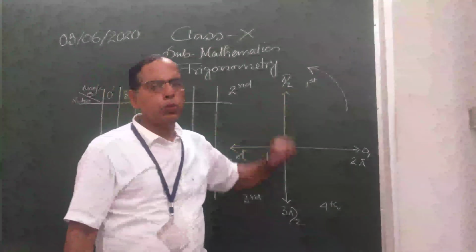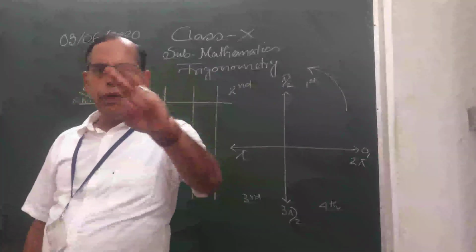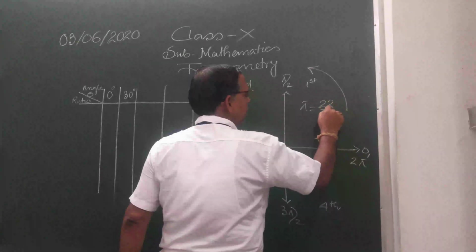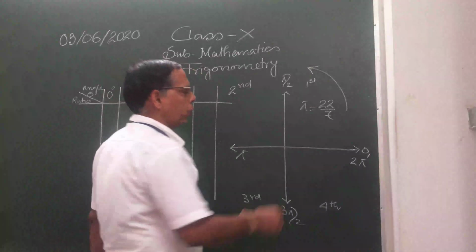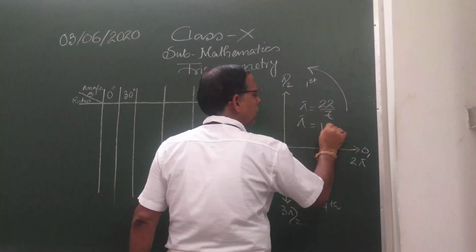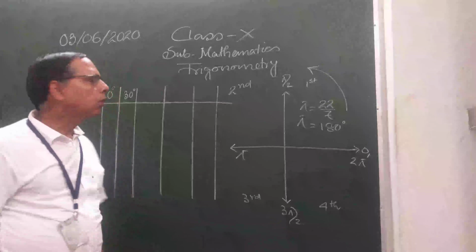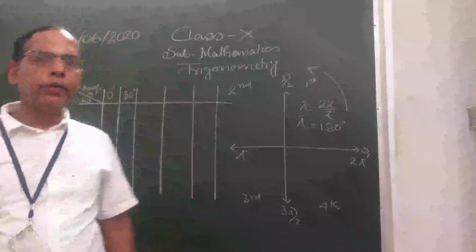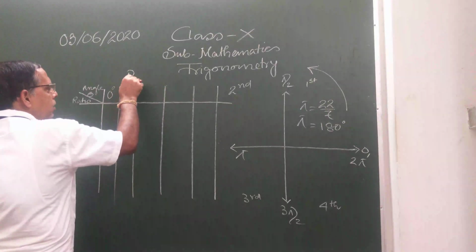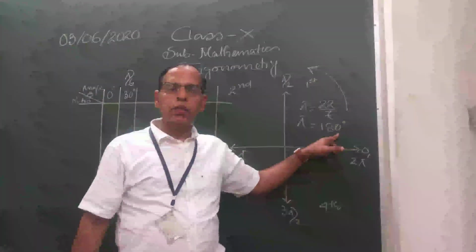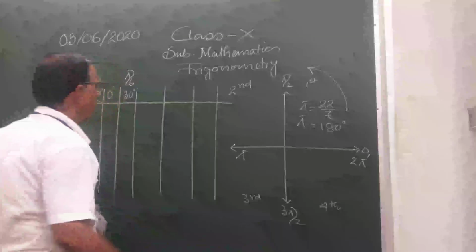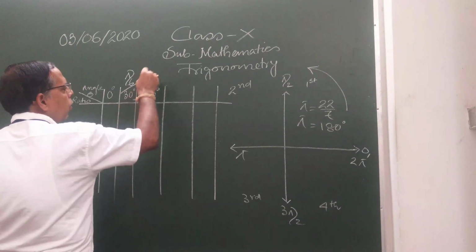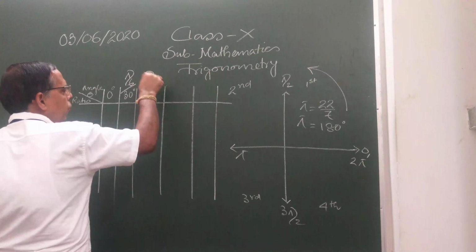Now I have written pi by 2. Pi has two values: one is the numerical value, 22 by 7, and another is the angle value, 180 degree. So 30 degree, if I represent it by pi, will be pi by 6, since 180 degree divided by 6 gives 30 degree. Then 45 degree, or pi by 4.